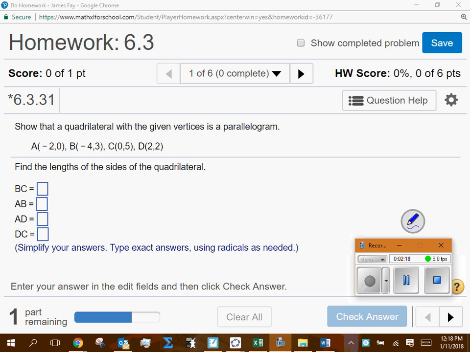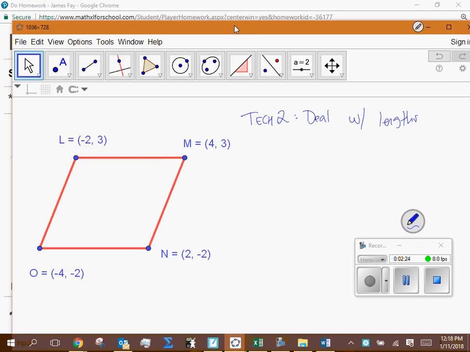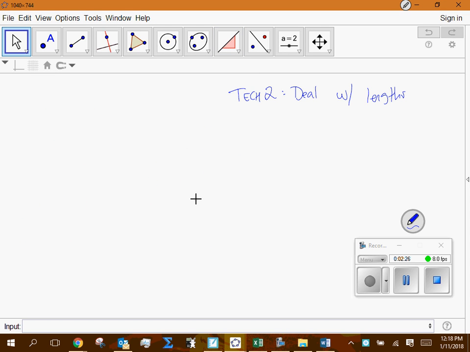So, that being said, let me plug these points in. Let's go. Negative 2, 0. Negative 4, 3. 0, 5.